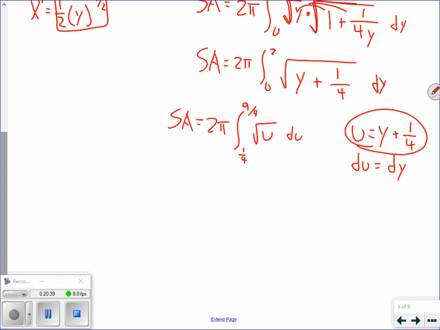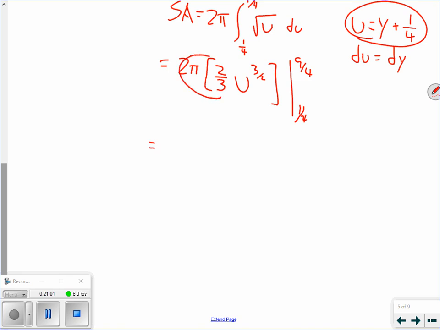All right, well, let's integrate it. So this is equal to 2 pi integral of. We know the integration of the square root of u is just 2/3 u to the 3/2. And we're evaluating from 1/4 to 9/4. And it's just the same as before.